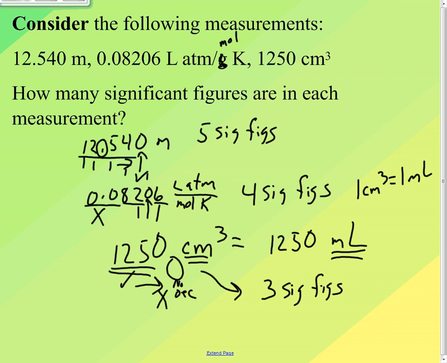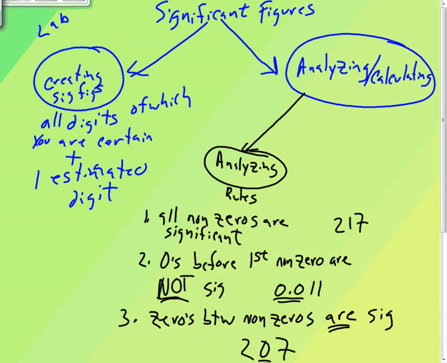Okay? Great. Well, if we go back and look at what we've covered, we started off with sig figs, and we talked about creating sig figs in the lab. We said that you're going to do some analyzing and calculating. We talked about analyzing, meaning what's left. Well, that means there is calculating we need to talk about.